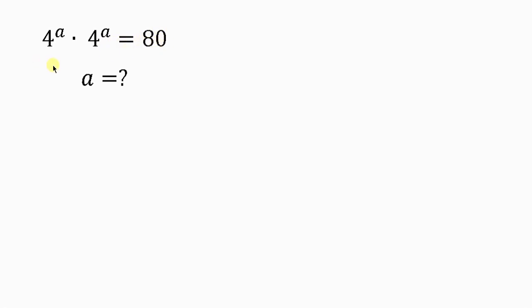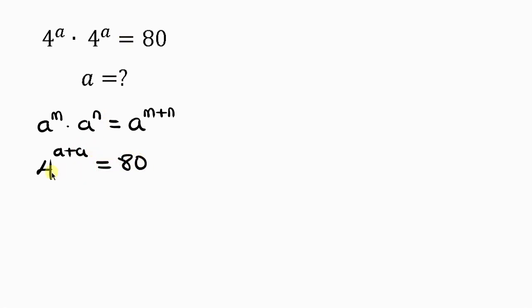Well, our first step will be for us to apply the law of indices, which says when I have A to the M times A to the N, this is equal to A to the M plus N. We're going to be applying this to what we have on the left hand side. So I'll take one of the base, which is 4, and I'll add the powers up, A plus A, and this is equal to 80.